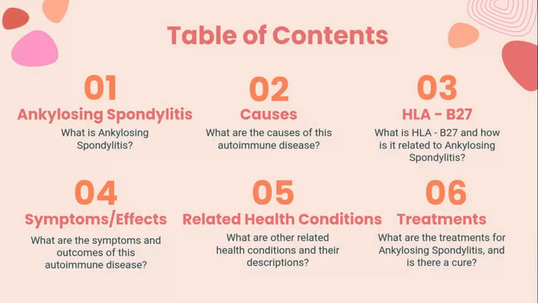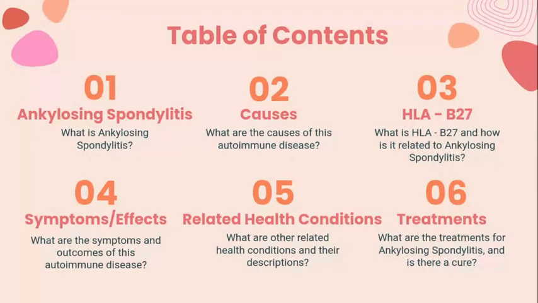For the table of contents, first I will describe ankylosing spondylitis and answer basically what it is and just the basic information. Next, I will answer what the causes are for this autoimmune disease. Then I will discuss HLA-B27, what it is and how it is related to this disease.